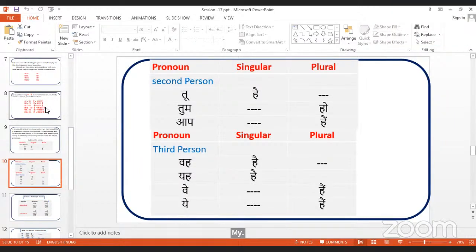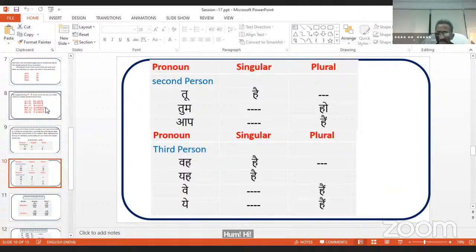Tu is the subject. Whenever tu comes, the ending part, the verbal part will be hai. Tum ho.